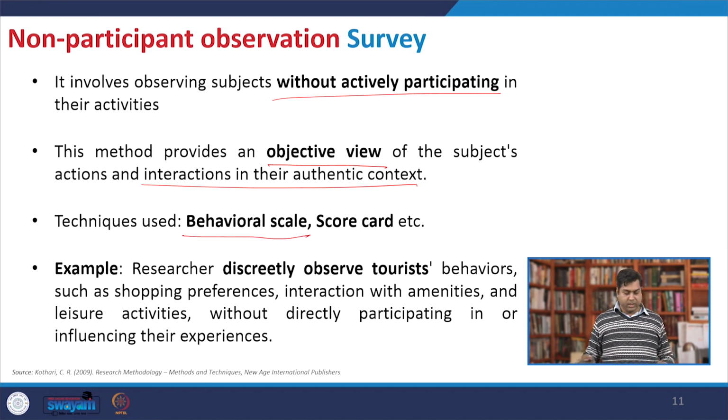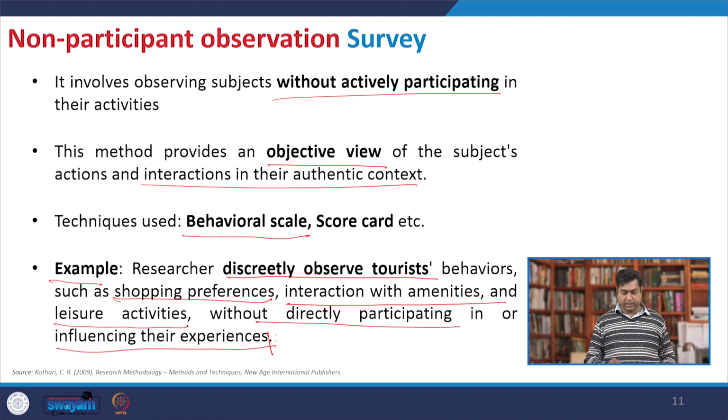For example, a researcher discreetly observes tourist behavior such as shopping preference, interaction with amenities and leisure activities without directly participating in or influencing their experience. That means you just follow that tourist, who after visiting this place goes to a shop and normally eats this kind of item.